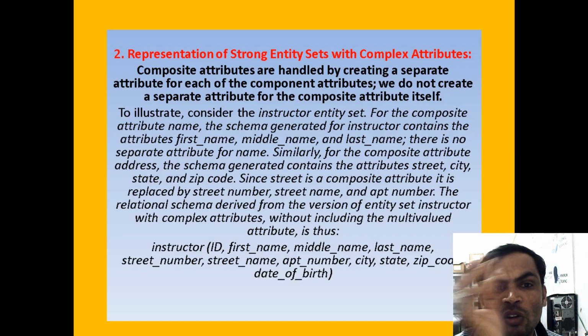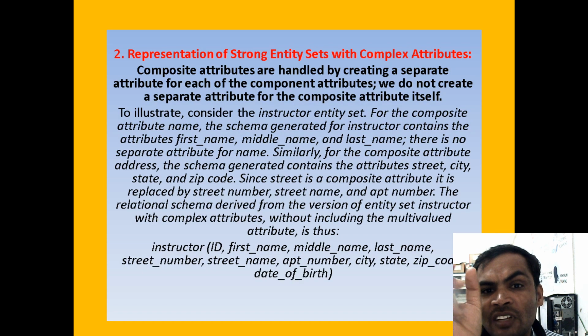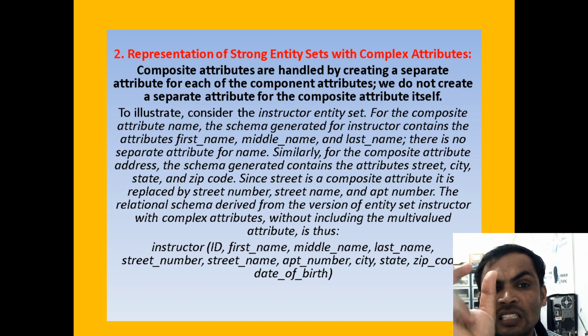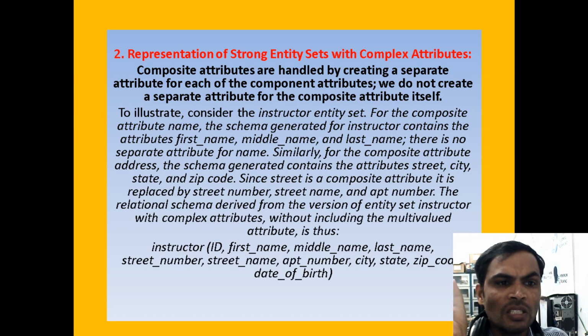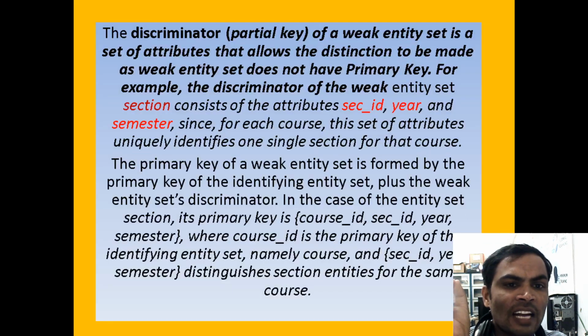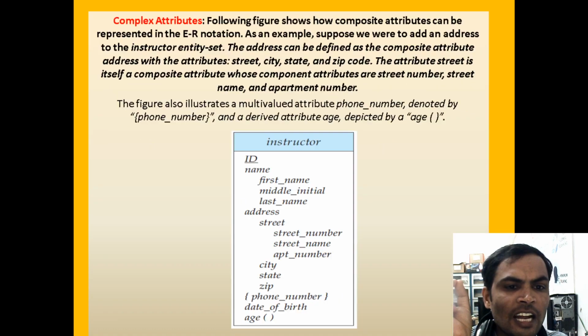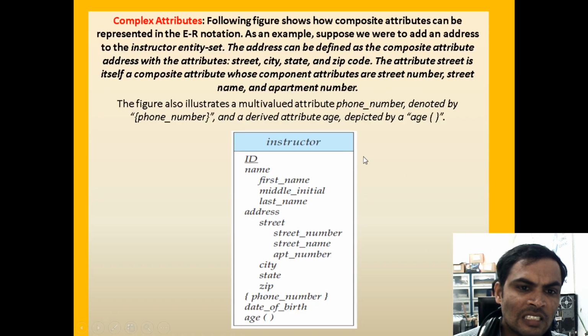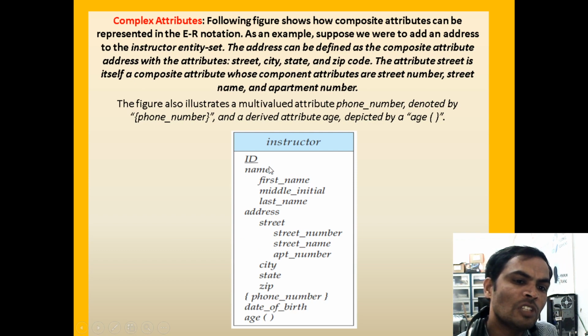The second scenario is the strong entity set with complex attributes. How do you want to represent the strong entity set with complex attributes? Just now you saw the instructor entity set, where we define ID. We will have composite attributes: if an attribute has sub-attributes, then we call it a composite attribute.